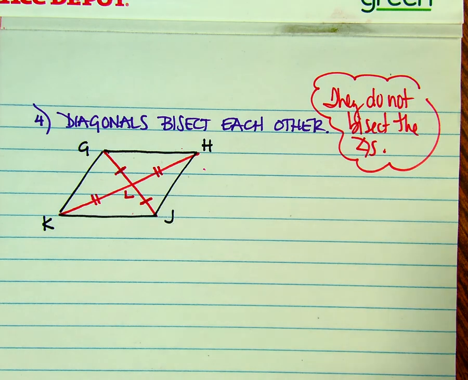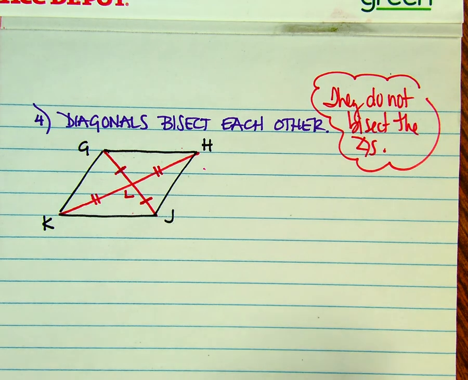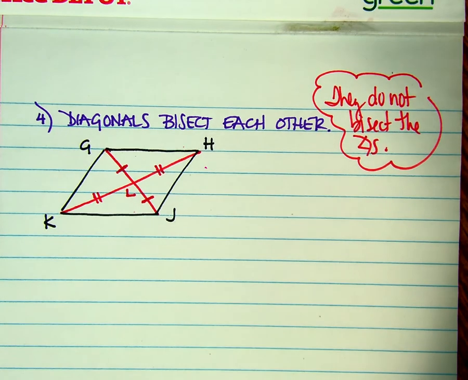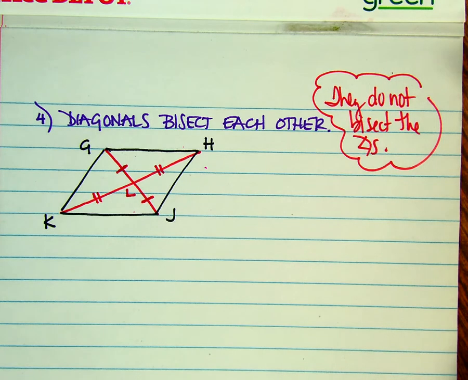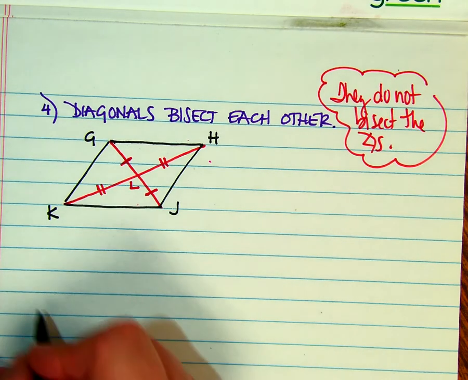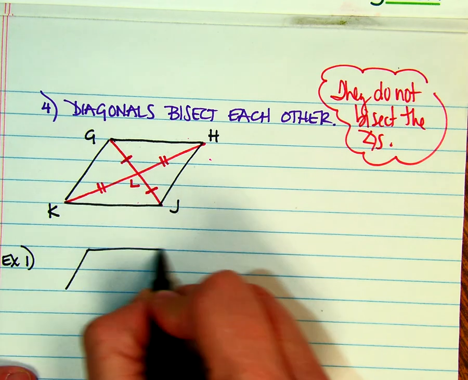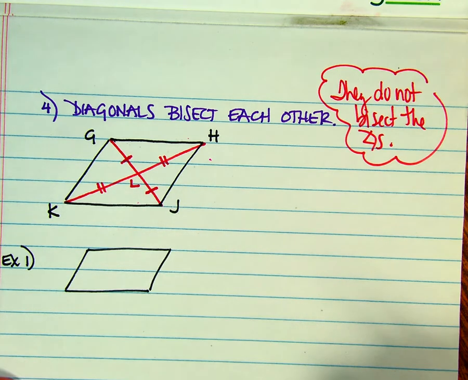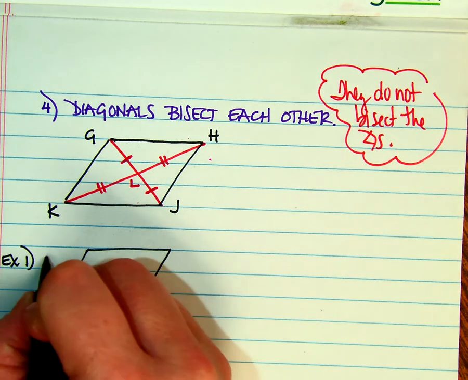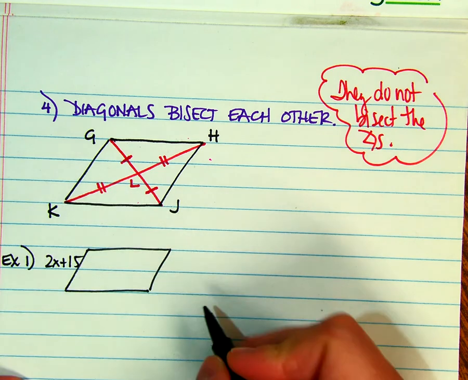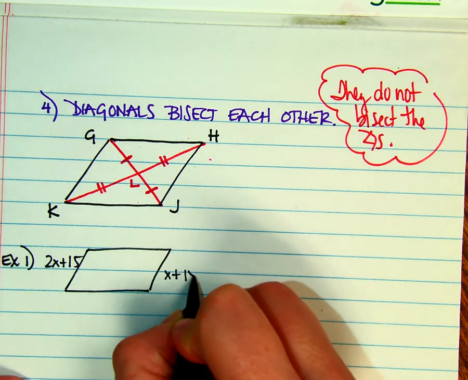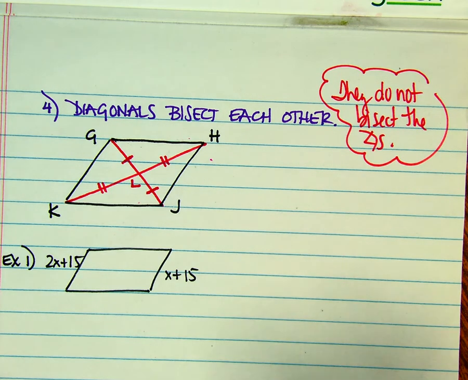Okay, so we're going to do some really quick examples applying these properties. You have to know these properties so that you can actually set up the equations to solve for the missing pieces. Okay? So, example 1, and I'm telling you that it is a parallelogram. So you're given that it's a parallelogram.